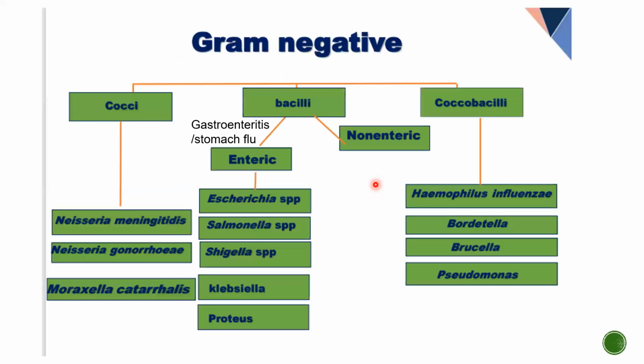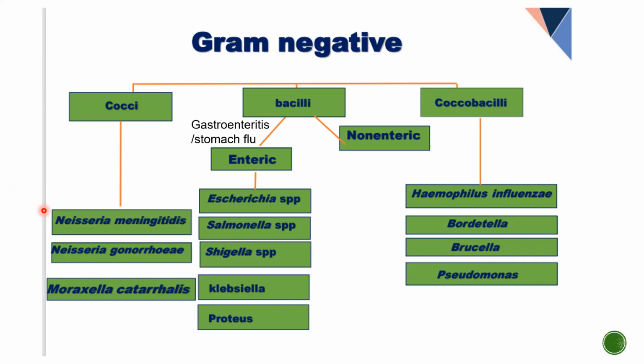this one. So we talked about in gram-negative the circles and the rods. For the cocci, we said that it's Neisseria. What are Neisseria? Let me ask you this. Remember someone who travels?